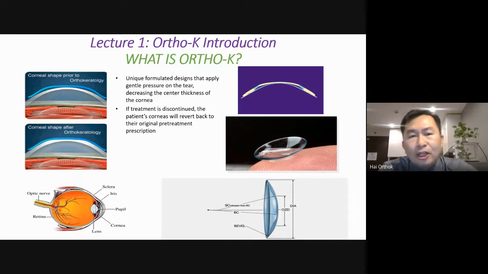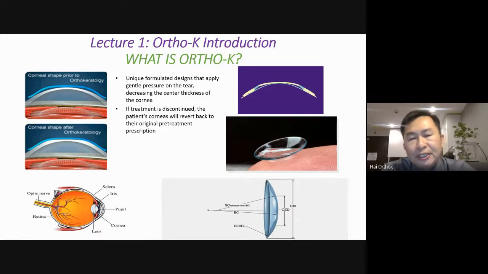So what is Ortho-K? Most practitioners know, so this is very beginning information for those who are starting to look into Ortho-K treatment. Ortho-K is a rigid lens that is used to mold the cornea using the tear film between the lens and the cornea, the hydraulic negative force from the reverse zone, and the positive force from the alignment curve, in order to mold the cornea to a structure similar to the inside of the Ortho-K lens.